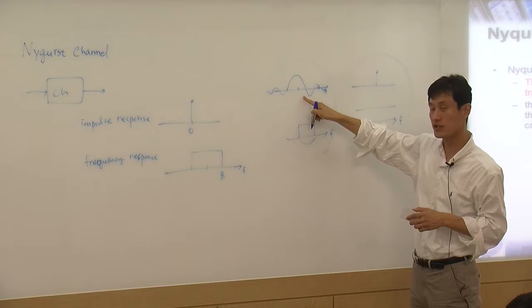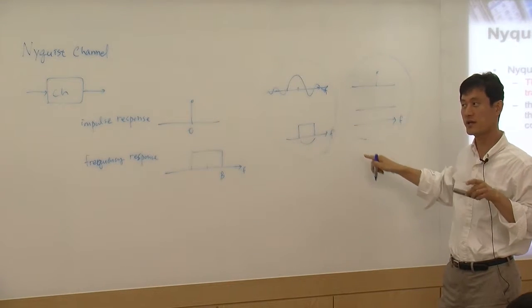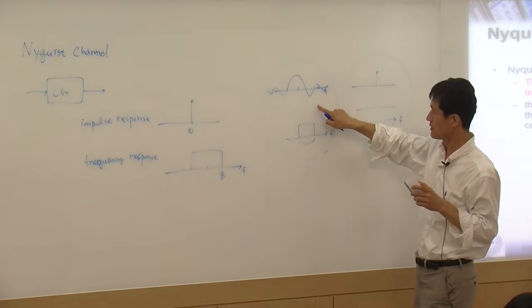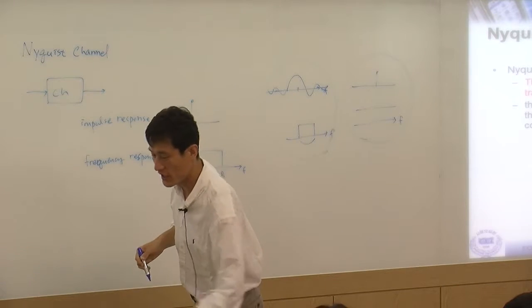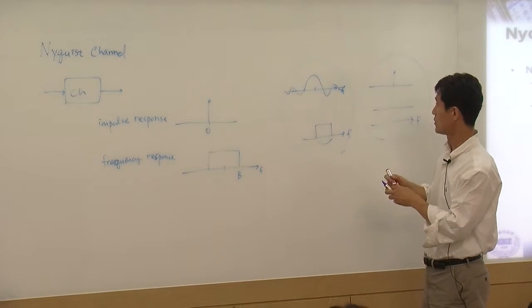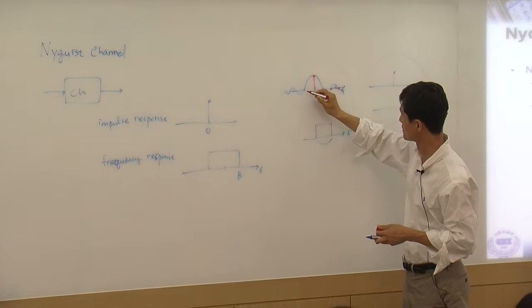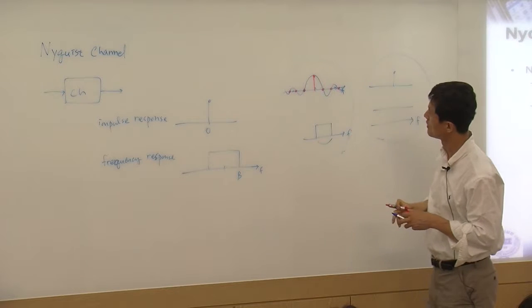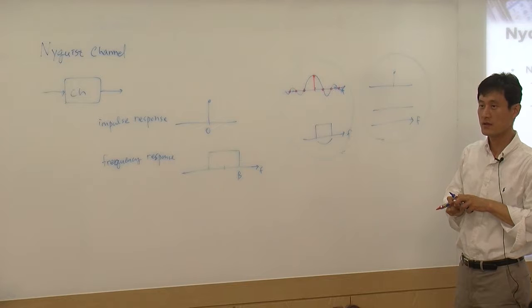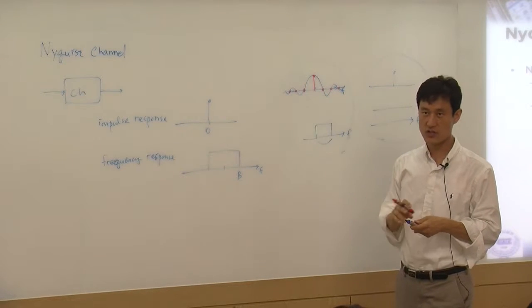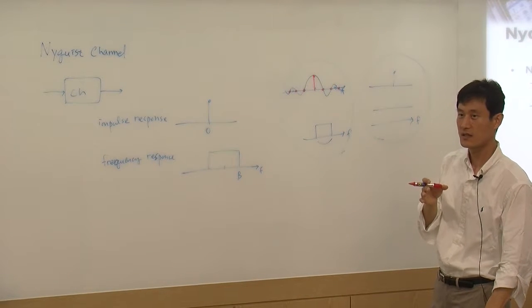When you have this kind of continuous time impulse response, but still you apply a very special sampling frequency, then you can change these things to be like the ideal impulse response. That's the idea of the Nyquist channel. So when you think about the Nyquist channel, the difference is that this one involves some sampling.